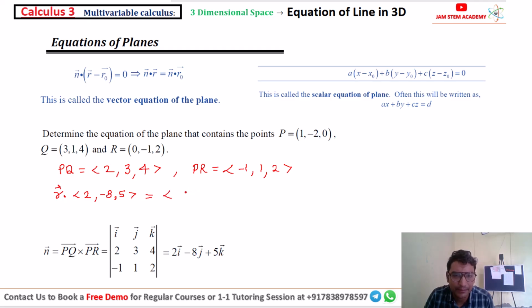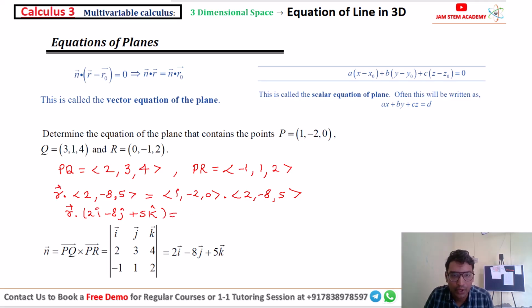Choose, let's say, P, 1, minus 2, 0, dot with this 2, minus 8, 5. So this is your vector form. Either you can write r dot 2i cap minus 8j cap plus 5k cap also. There are various representations, so don't worry about the representation.